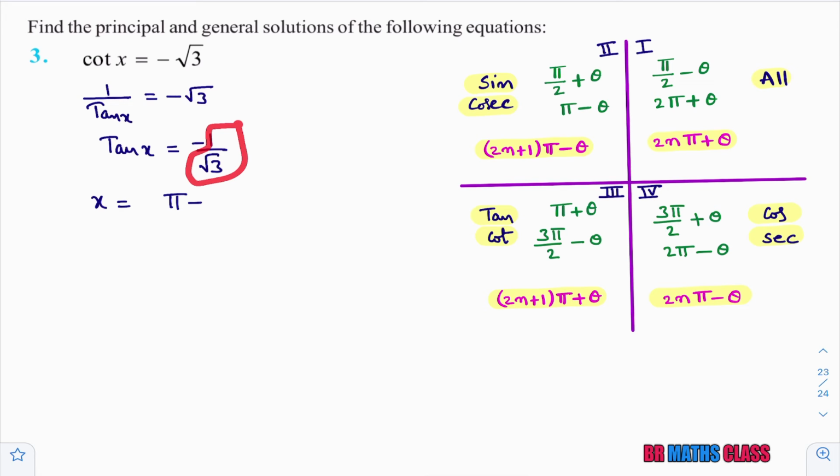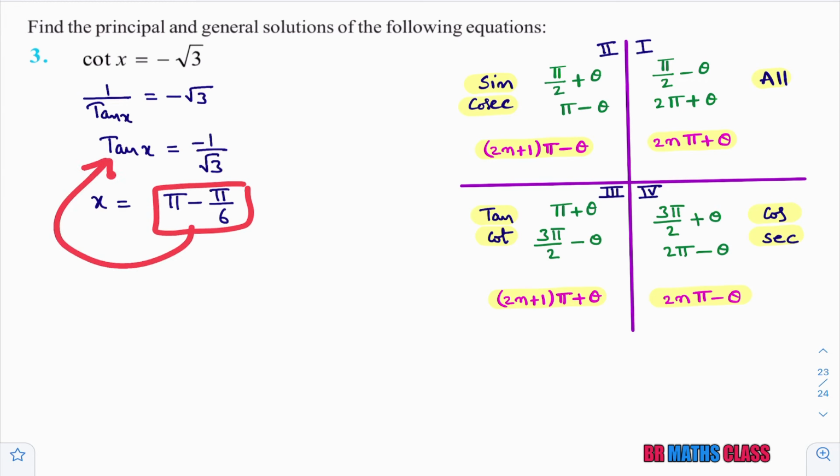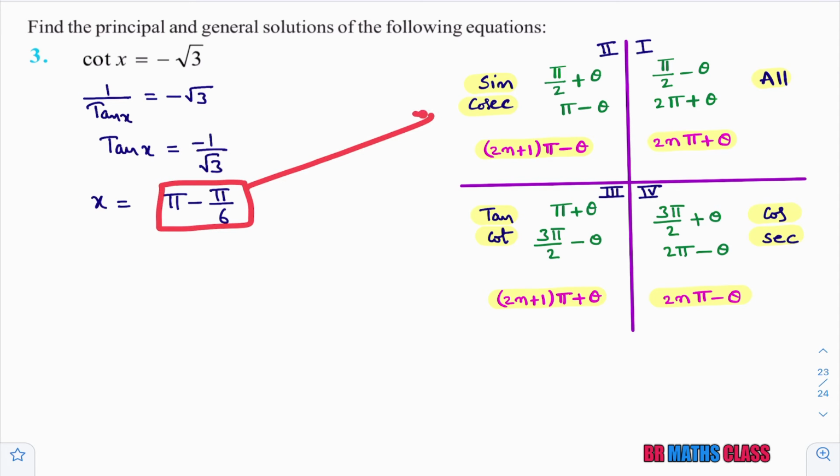Tan 30 degrees is 1 by root 3. 30 degrees means pi by 6. So here what I'll prefer, pi minus theta is there. In place of theta, I'll write pi by 6 because I know tan pi by 6 is 1 by root 3. If you calculate tan of pi minus pi by 6, 100% you will get minus 1 by root 3 only, and pi minus pi by 6 definitely lies in second quadrant.